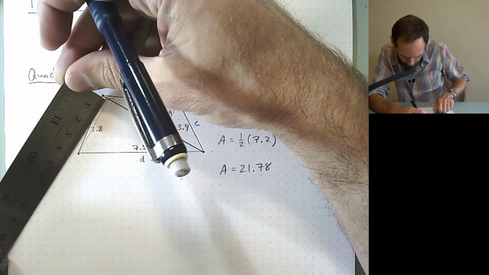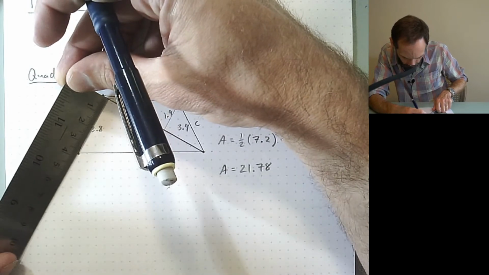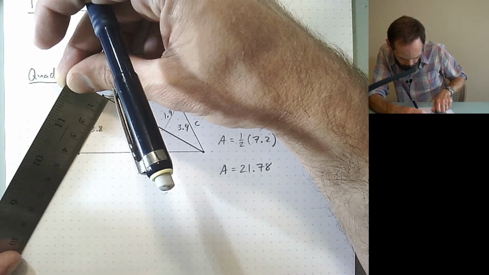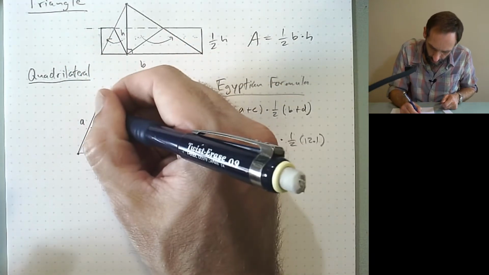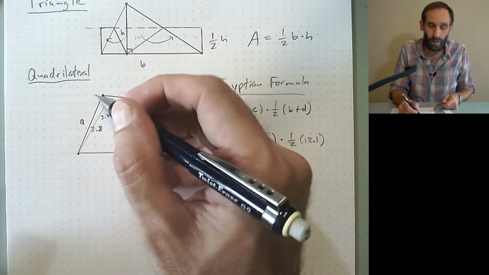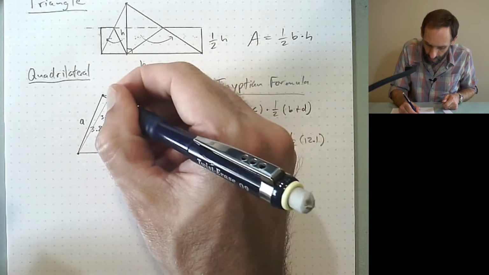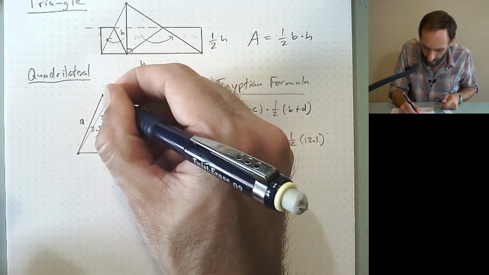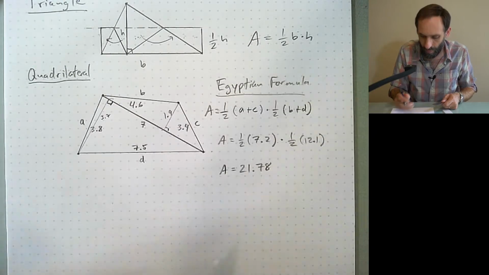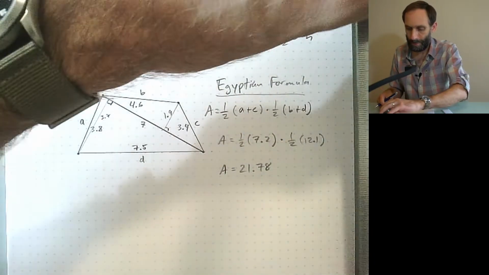And now this distance here, that is 3.7 is the closest, so 3.7. So the 3.8 is this one on the outside, and 3.7 is this altitude. Okay. And here's the other altitude, 1.9.